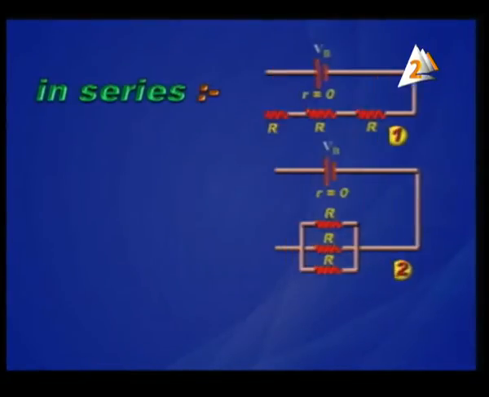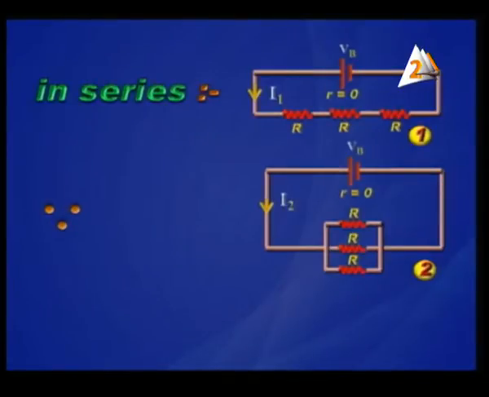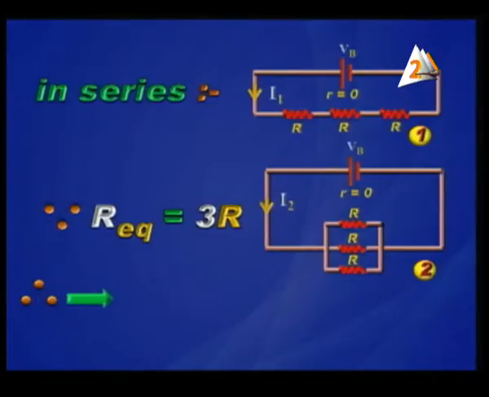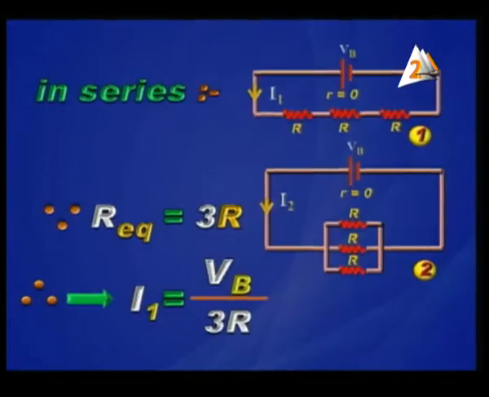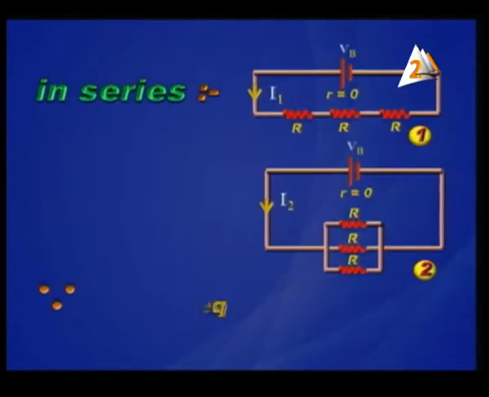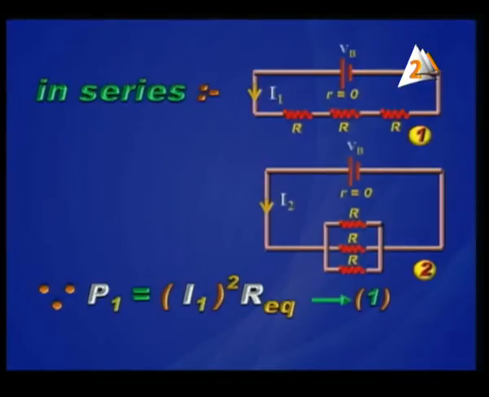Starting with the series connection. R equivalent equals 3R. In front of you we've got a circuit. And what about the current through the battery? It is VB over 3R. And the power is determined from the expression I squared R equivalent.